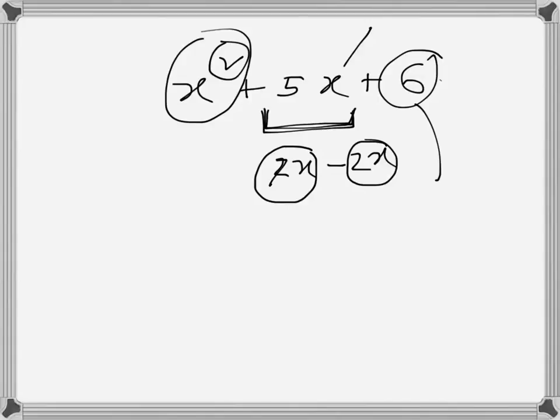So the first quantity and the last quantity, if we multiply them, in this case we get 6 times x square, which is 6x square. So we have to split this one in terms of two terms, so that when we multiply them, including the sign, we get 6x square.